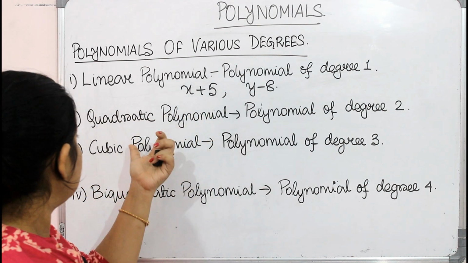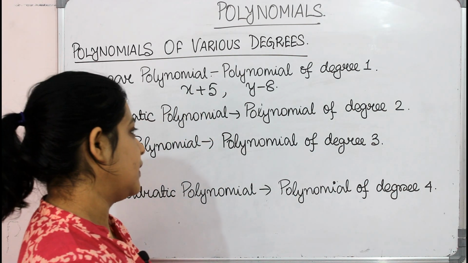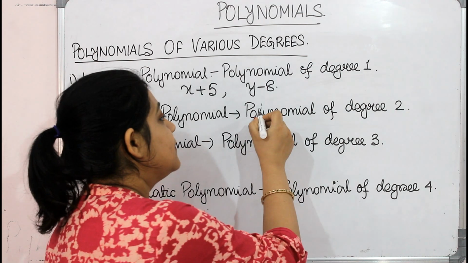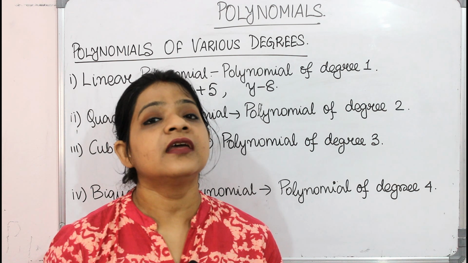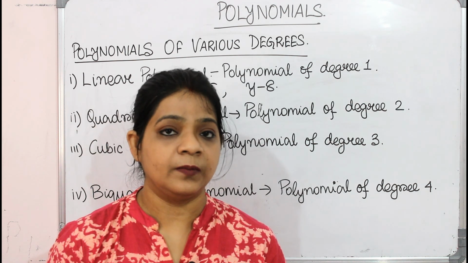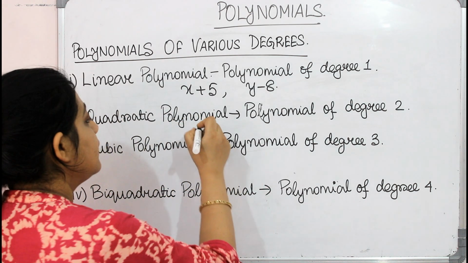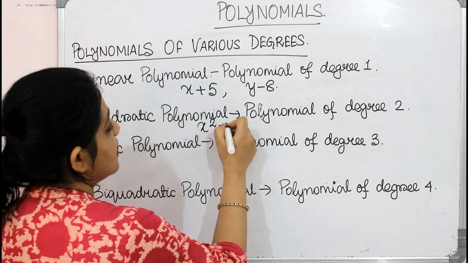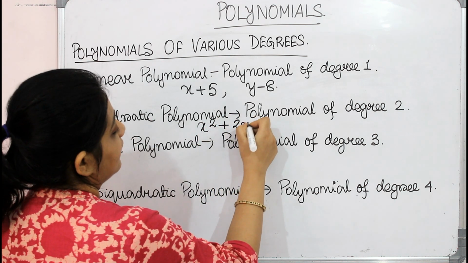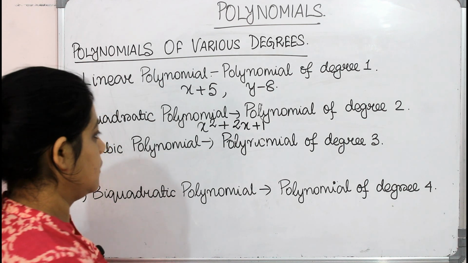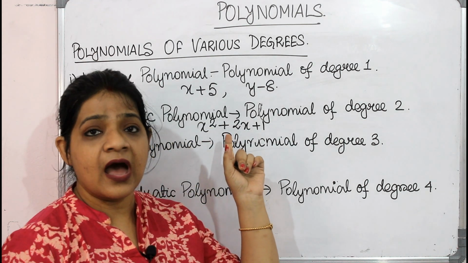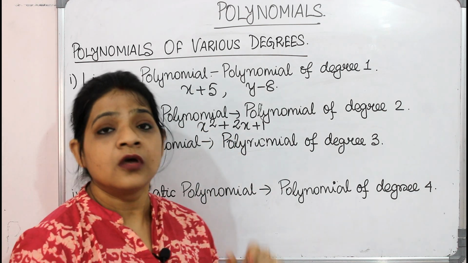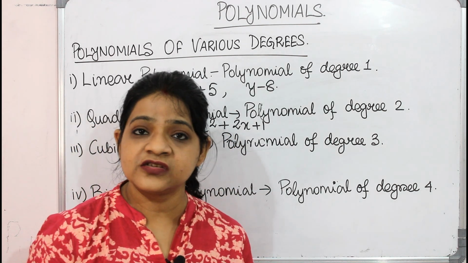Next is the quadratic polynomial. A quadratic polynomial means a polynomial of degree 2. Here the highest power of the polynomial will be 2. For example, x square plus 2x plus 1. Here the highest power is 2, so the degree of the polynomial is 2.